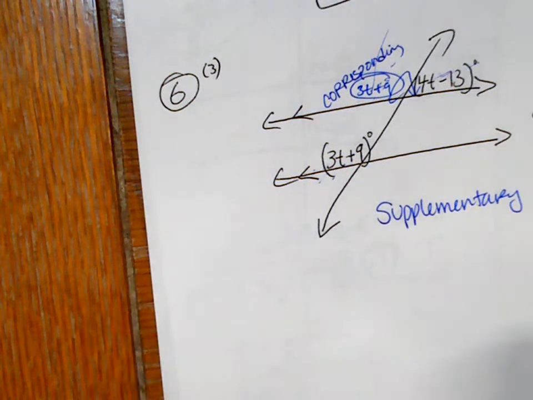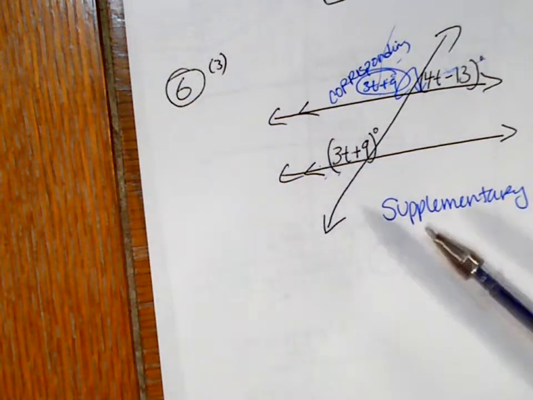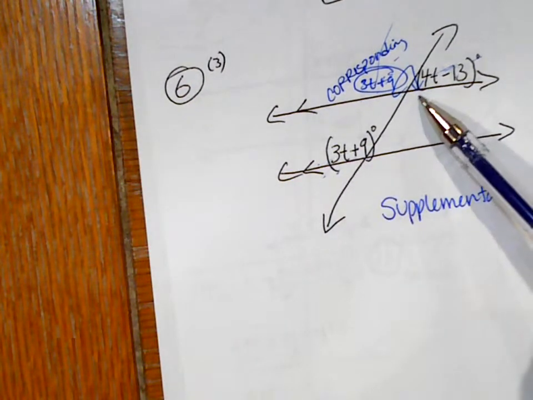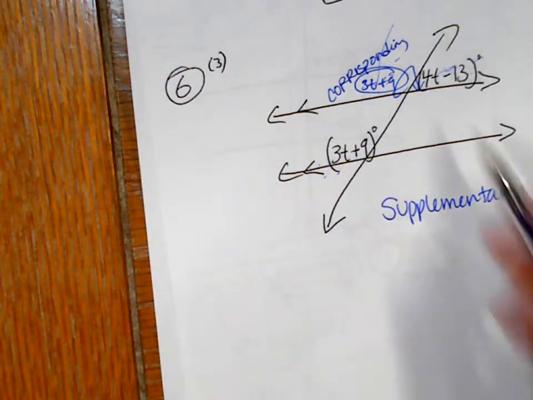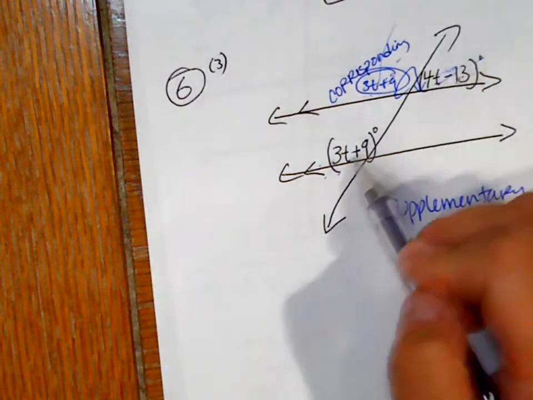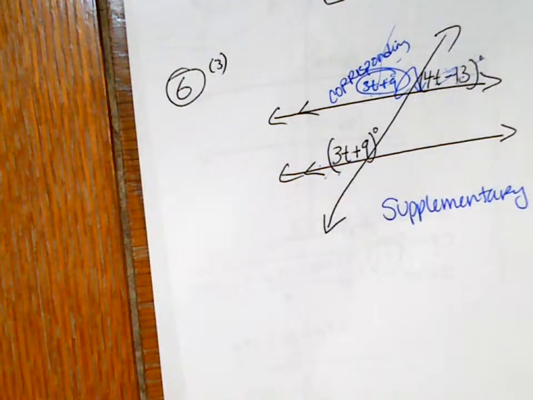Like I said, no direct angle relation, if you were to explain it, is okay. These are supplementary angles, but they don't have a direct angle relation. All right, so supplementary, we're going to add them up and set them equal to 180. These are a linear pair this way, but again, that's kind of tricky.